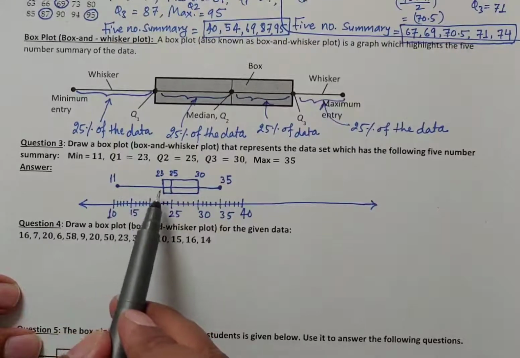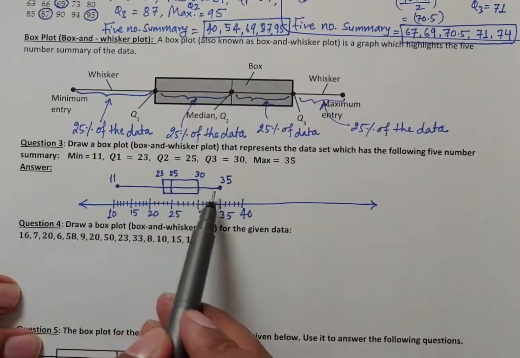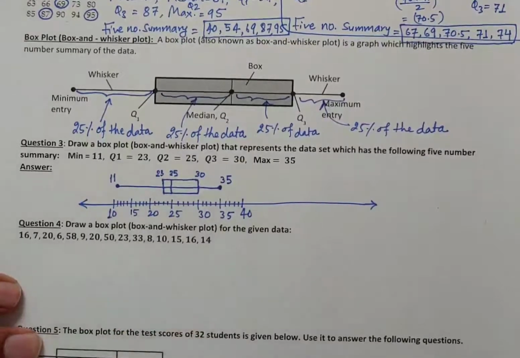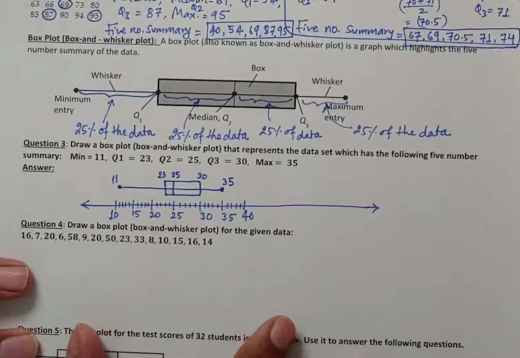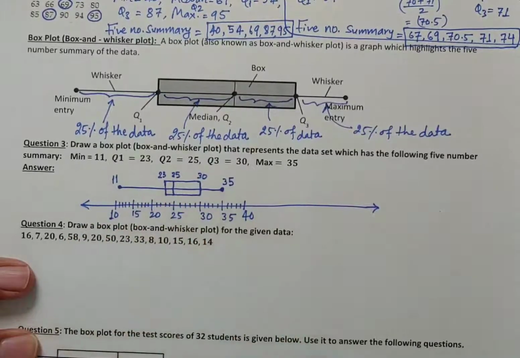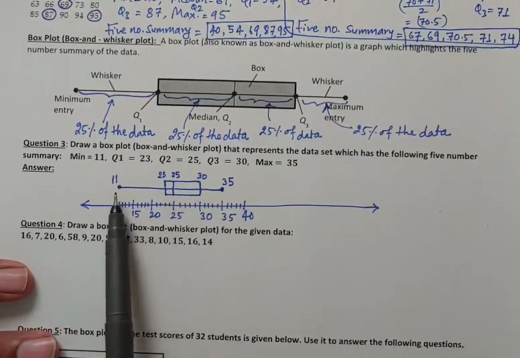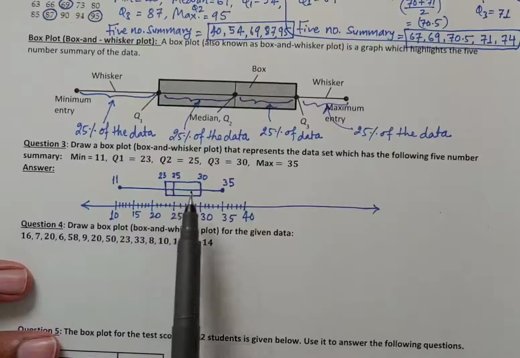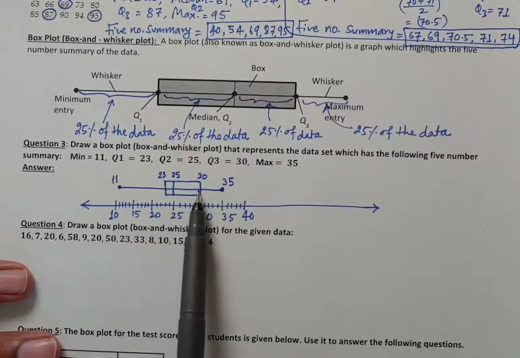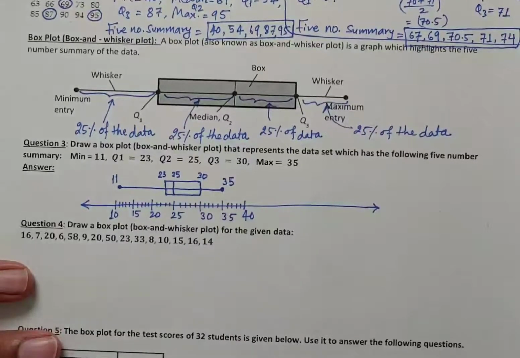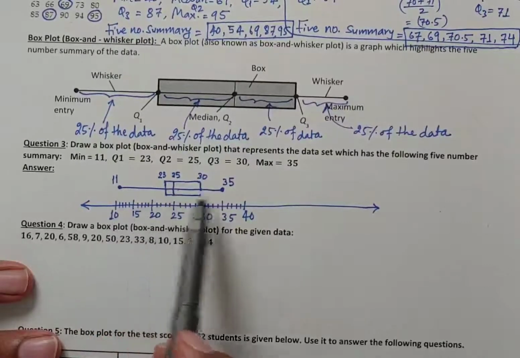So 25% here, 25% here, 25% here, and 25% there. Okay, so if there are five data in this group, then there are five numbers in this group. So if there are five numbers between 11 and 23, then there are five numbers between 23 and 25, five numbers between 25 and 30, and five numbers from 30 to 35. Okay, so that's how we get 25% of the data in each group.